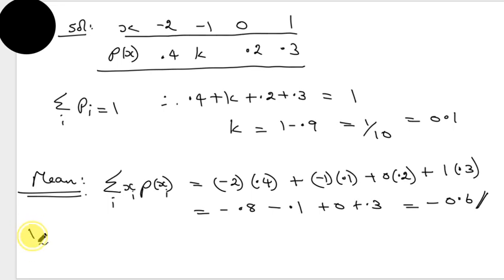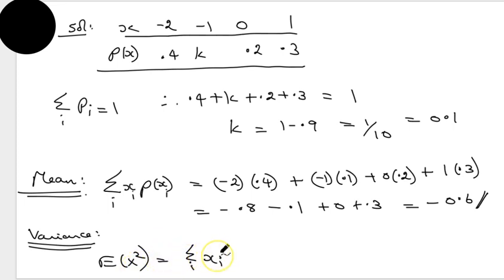Next, I need to find variance. To find variance, I need to get E of x squared. This is summation over i xi squared into p of xi. So square your value.